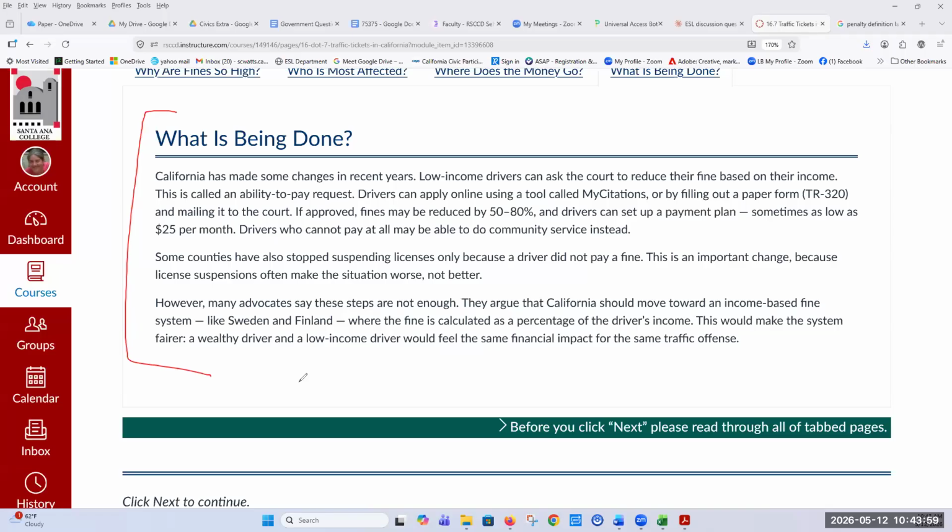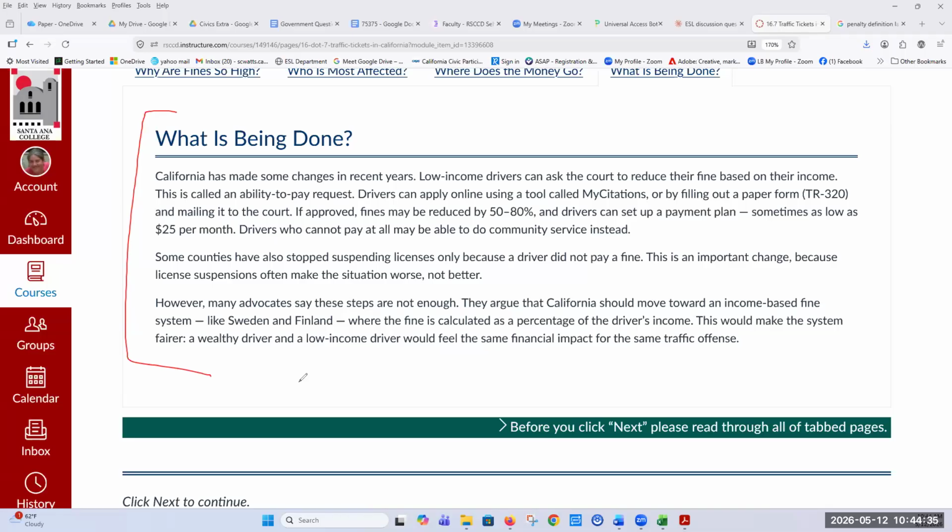Drivers who cannot pay at all may be able to do community service instead. Some counties have also stopped suspending licenses only because a driver did not pay a fine. This is an important change because license suspensions often make the situation worse, not better.